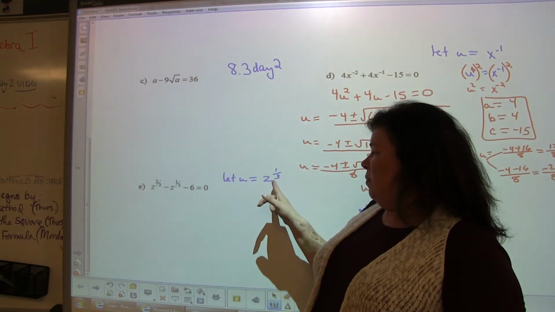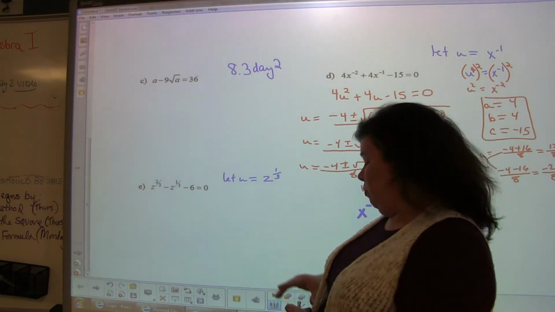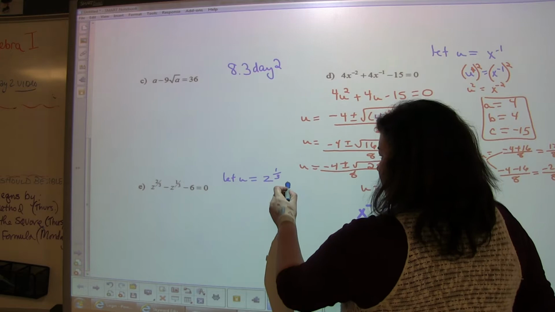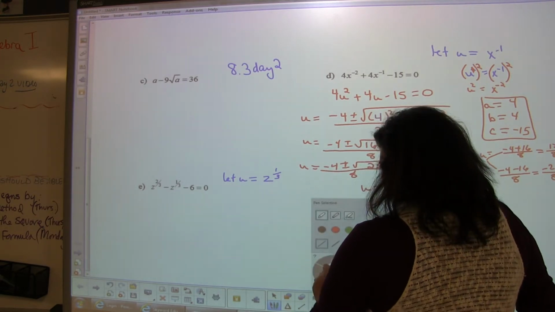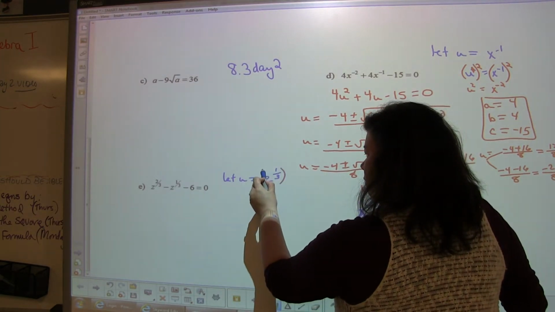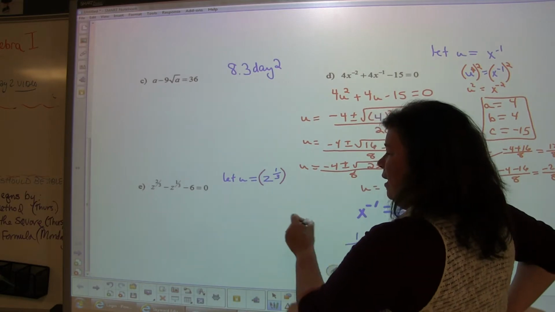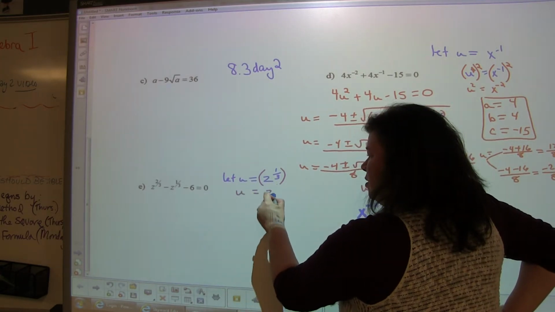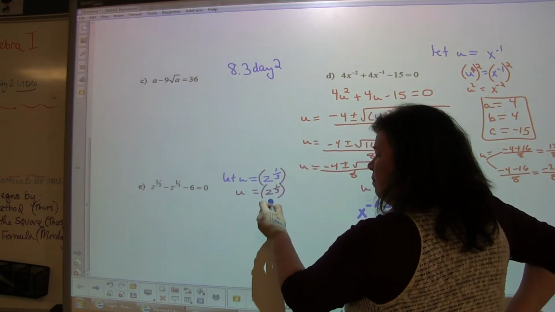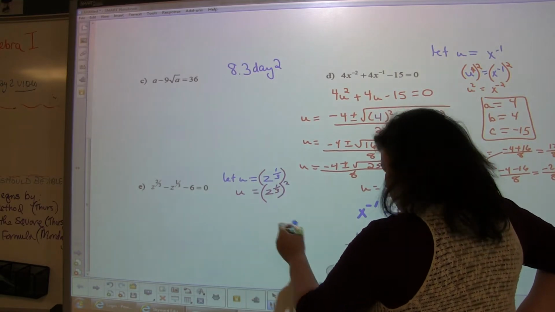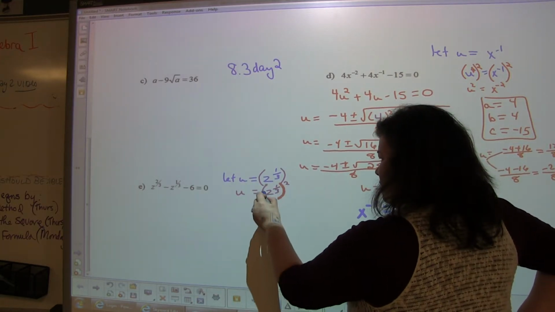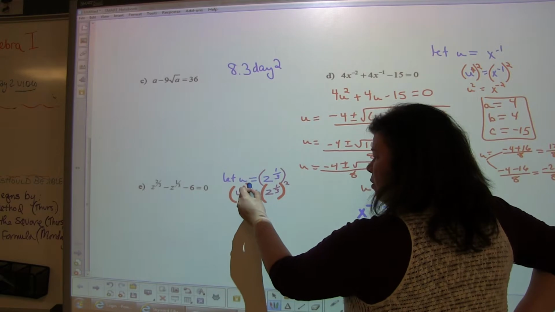So if we multiply this by 2, we're really raising it, if we go ahead and raise this to the second power, right? We're raising this to the second power.